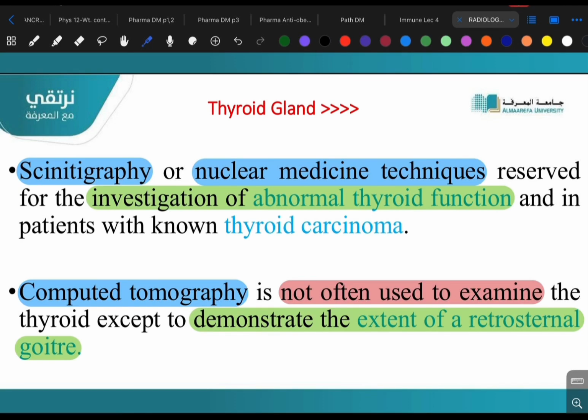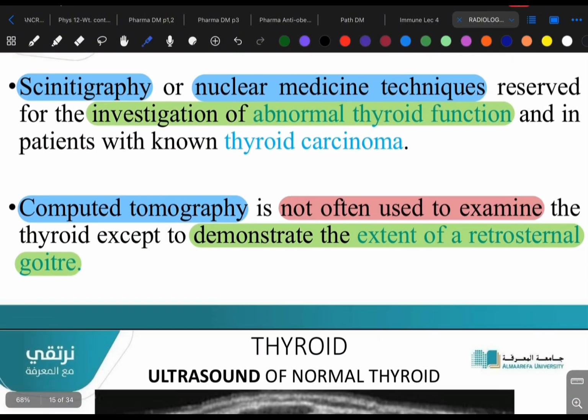So here it's to investigate any abnormal thyroid function. And the CT is not often used, but it's only used in one case, which is to demonstrate the extent of retrosternal goiter. So the only case for the thyroid gland where we use CT is to demonstrate the extent of retrosternal goiter.